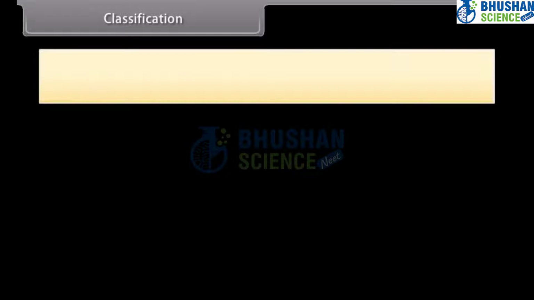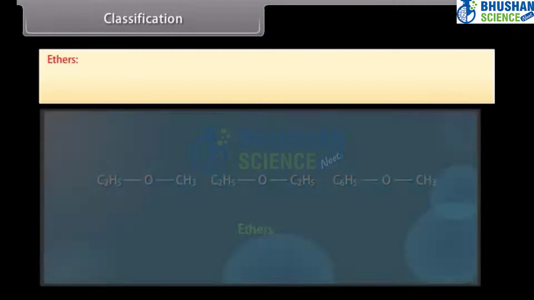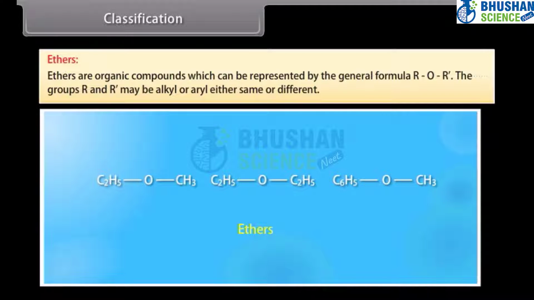Classification. Compounds containing sp2 hybridized carbon atom bonded with hydroxyl group. The hydroxyl group in alcohols attached to a carbon-carbon double bond, that is, to a vinylic carbon. They are also known as vinylic alcohols. Ethers. Ethers are organic compounds which can be represented by the general formula R-O-R'.